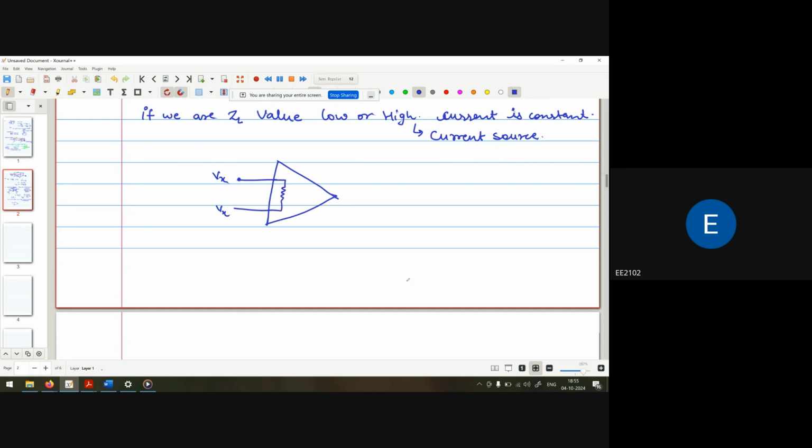If both voltages are the same due to the virtual ground effect, no current will flow. And if no current flows, that means the particular resistance is infinite. So resistance is infinite.